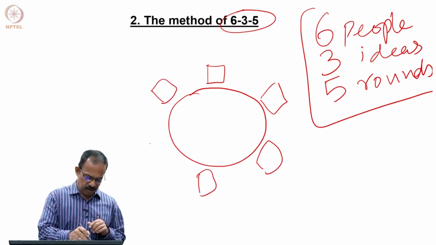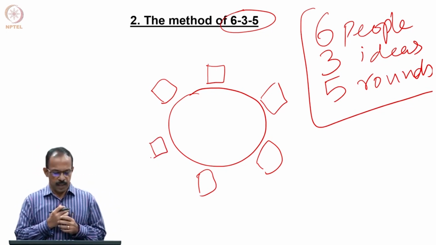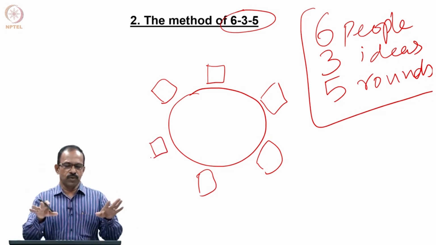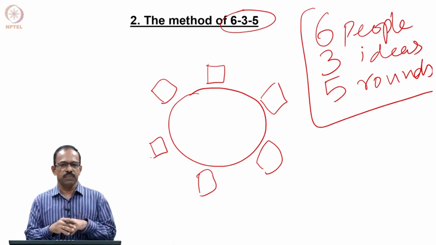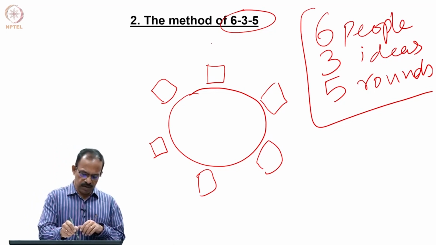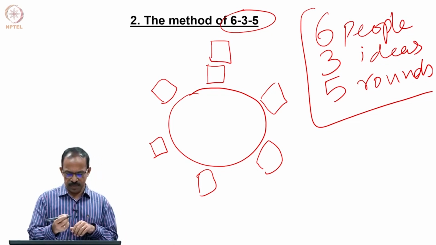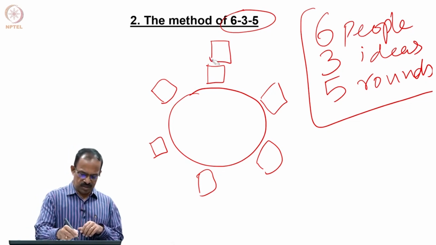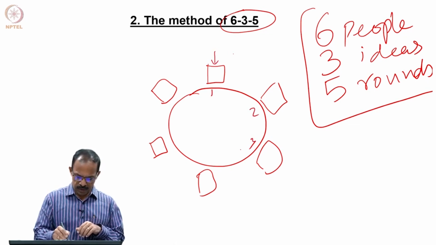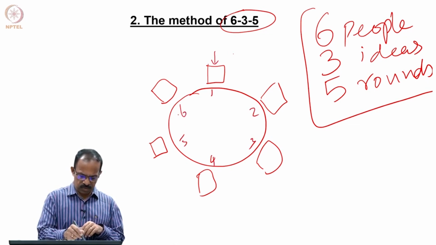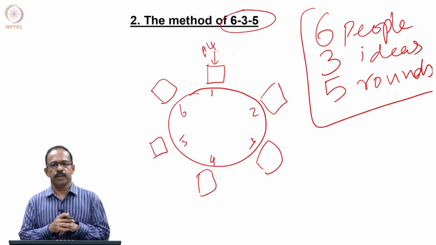So, 6 people will sit around the table, and of course, we will first do the explanation of the problem for a few minutes, and then each one will be given an A4 sheet of paper. So, I will consider this as the paper itself. So, each one is given an A4 sheet of paper.